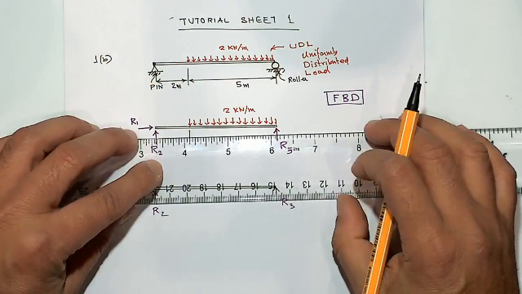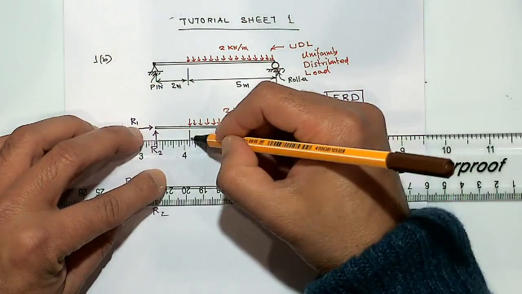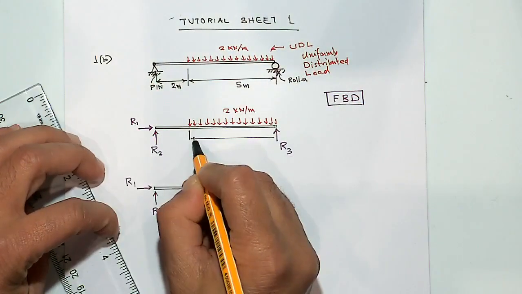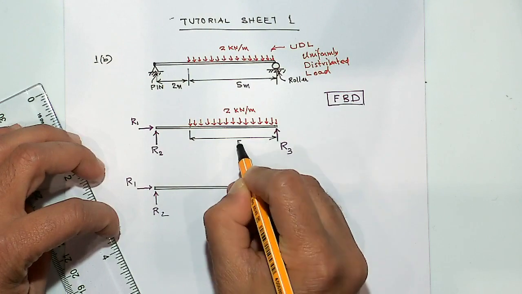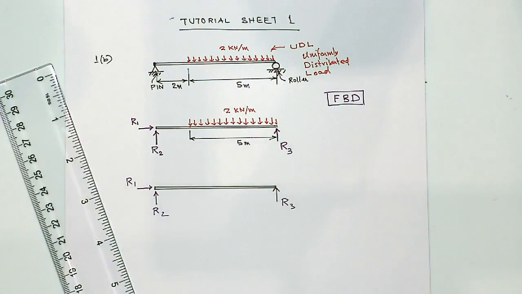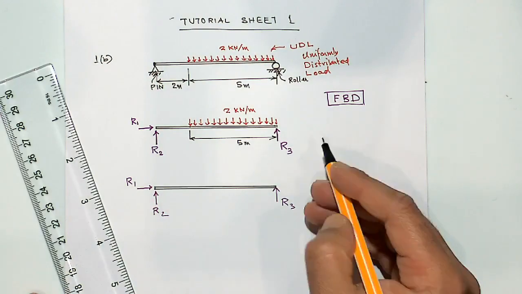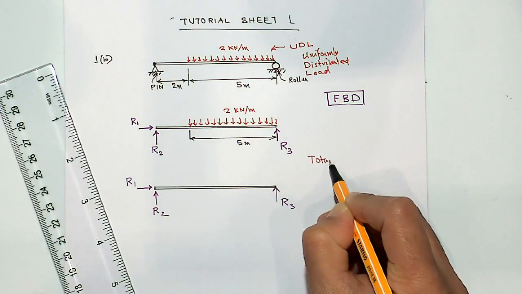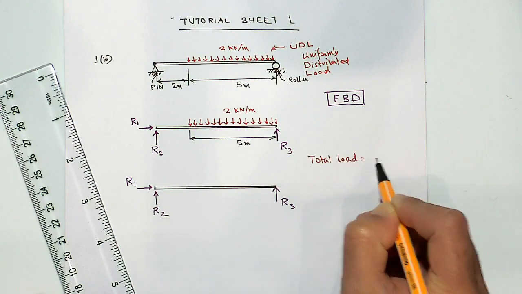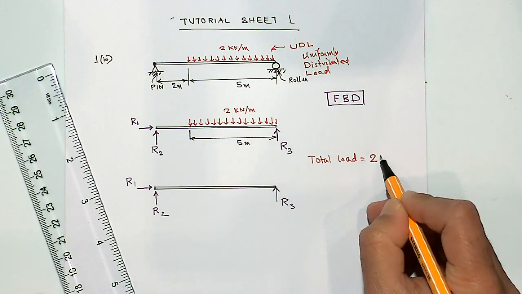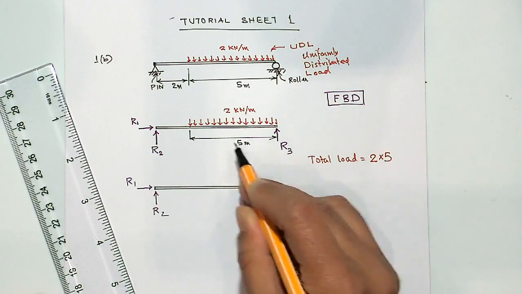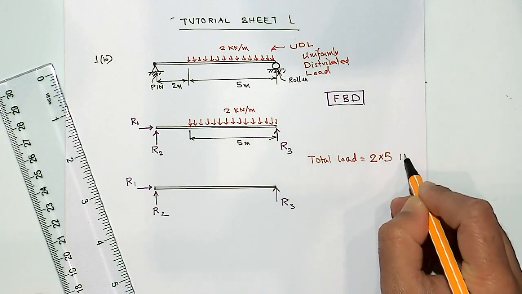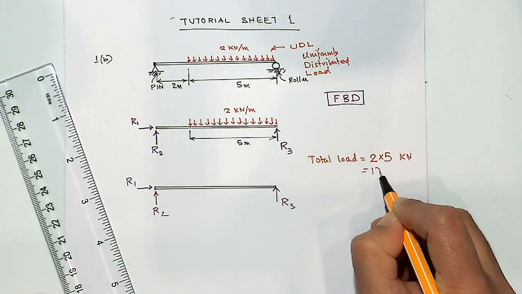So this was a 5 meter length. So the total load in this case is 10 kilonewton. So total load is 2 kilonewton per meter over 5 meter length. So total load is 10 kilonewton.